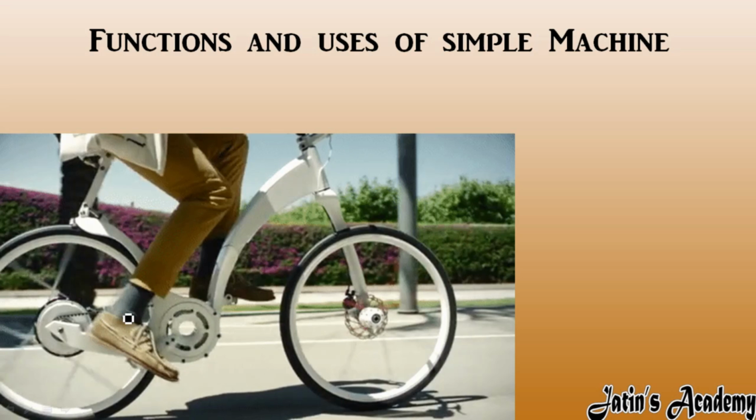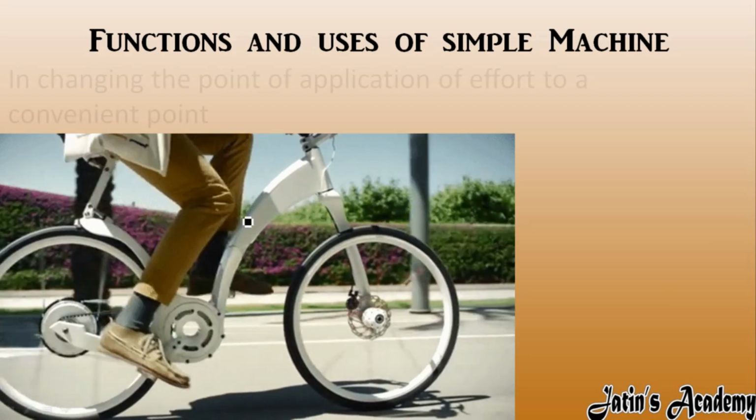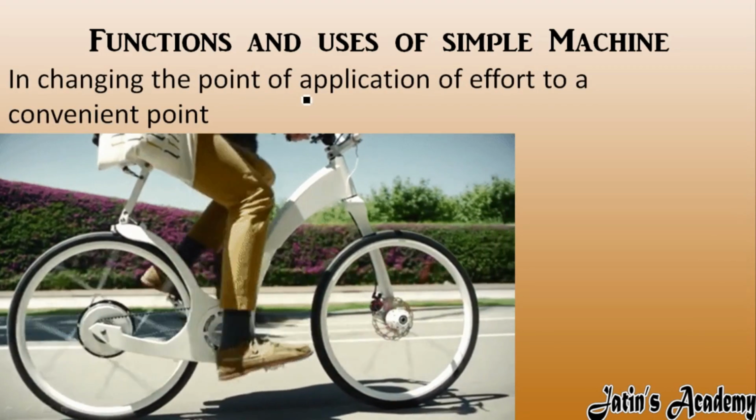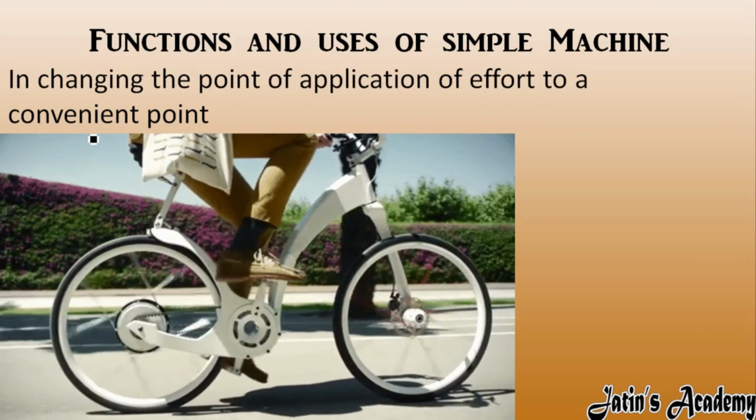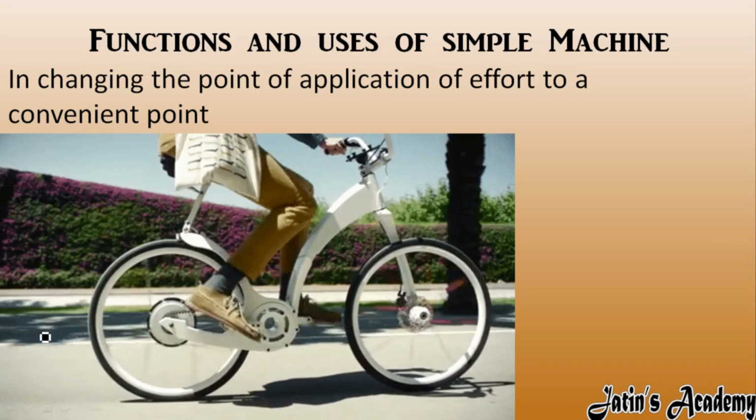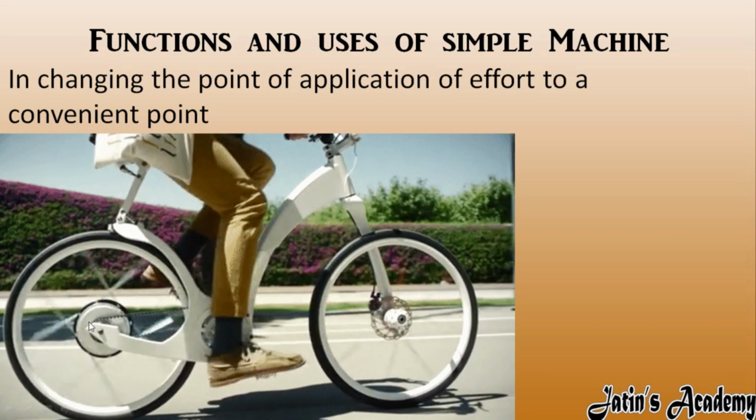Actually we are getting force here, but with the help of some mechanism, we are changing this point to this point. We are applying force here and we are getting force here. So the next function we are getting here is changing the point of application of effort to a convenient point. If our pedals were directly attached to the rear wheel, then it would be very difficult for a person to ride a bicycle.